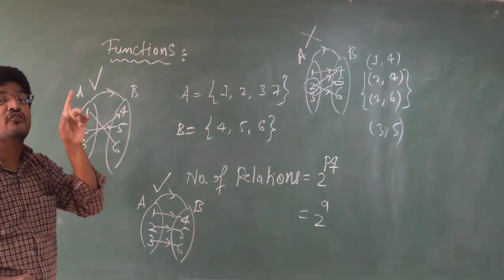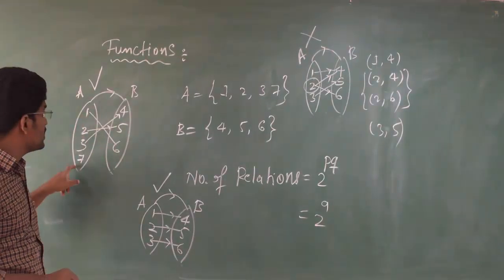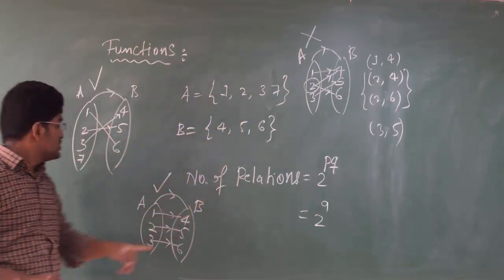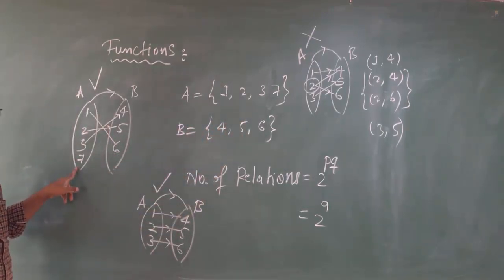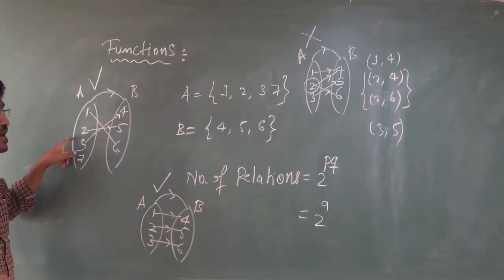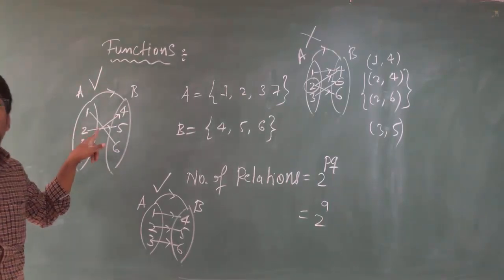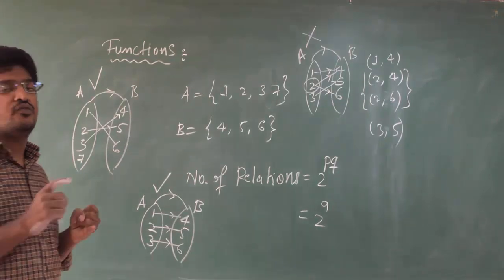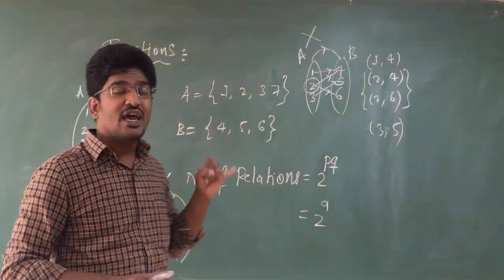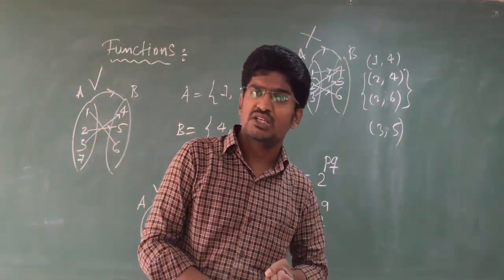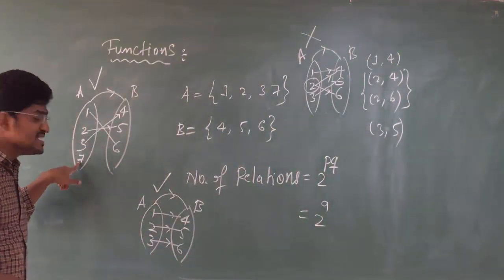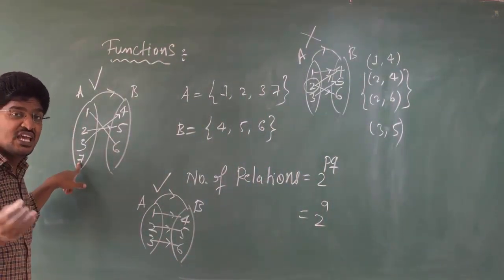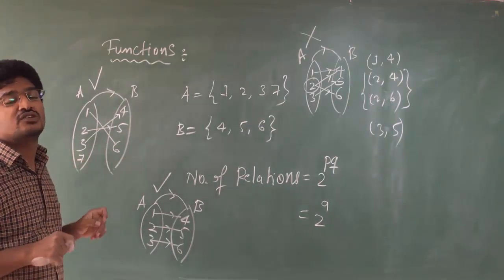Every element of set A. But here if I introduce 7, this 7 is not having any image, then what happens? This will not become a function. This is the second important condition. Clear? First one is all elements must have a unique image. And if there is an element which is not having any image, then also it is not a function.